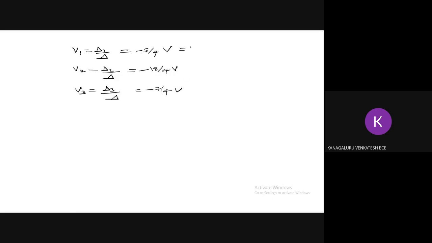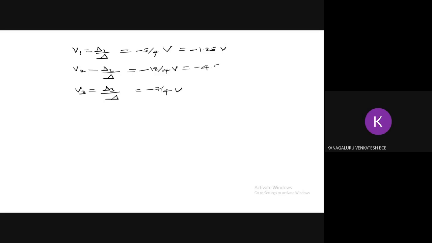5 by 4, how much will you get? 1.25. So minus 1.25 volt. 18 by 4, how much do you get? 4.5, sir. 4.5.